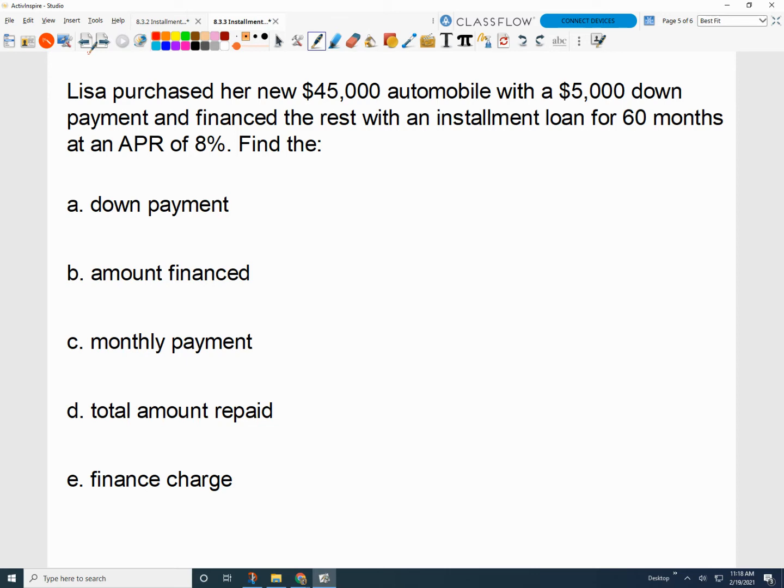Sometimes it is a percentage. So her down payment was $5,000, and she financed the rest with an installment loan, 60 months at an APR of 8%. Now, like I said, when you see that APR, that is pointing out where you need to be looking on your table. So we need 60 months at 8%.